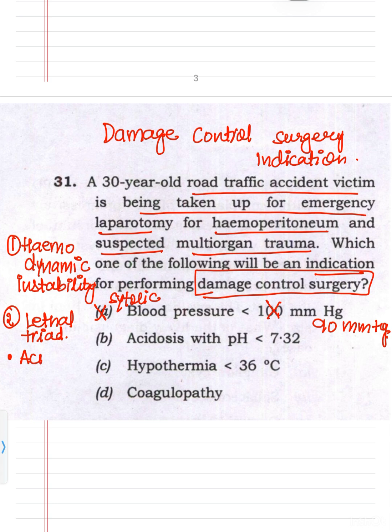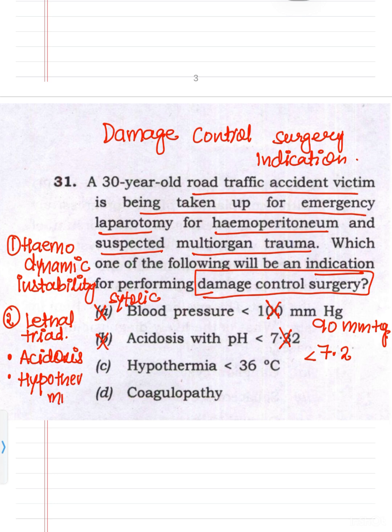First is acidosis. But what is acidosis? Acidosis with pH less than 7.32? No. The pH should be less than 7.2. So in the lethal triad, acidosis means the pH should be less than 7.2, not 7.32. So B is again wrong. The second component of the lethal triad is hypothermia.